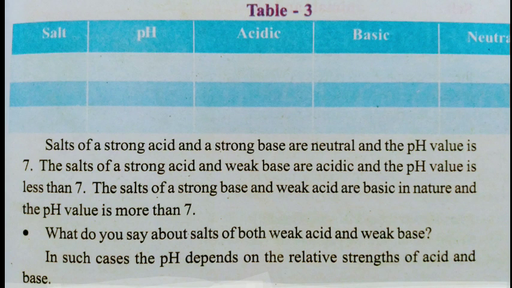So there are acidic salts, basic salts and neutral salts. By writing the test results in a table, you can classify them into acidic salts, basic salts and neutral salts.